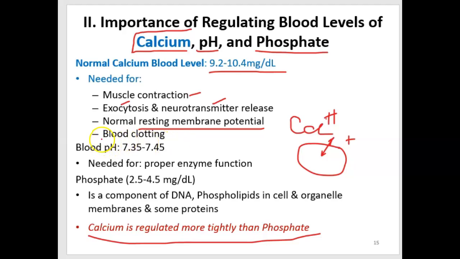It's also required for blood clotting. So some of the steps in forming a clot need calcium as kind of a cofactor.